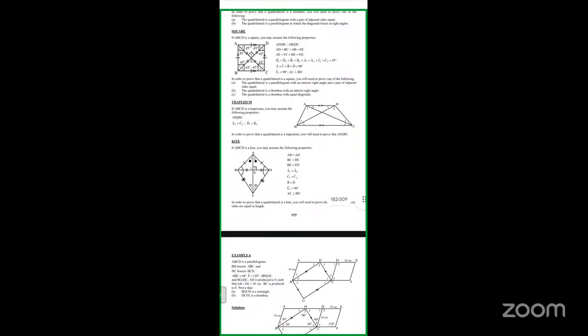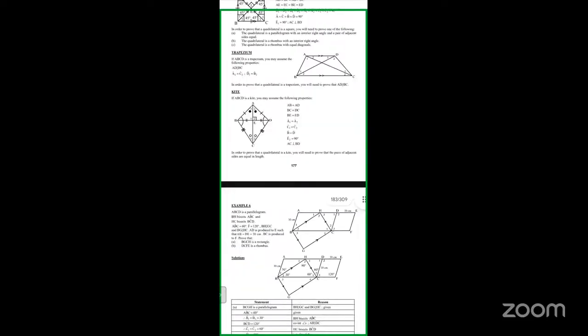Therefore, BE will be equal to ED. Then at the intersection of those diagonals, we have those angles C1 and C2, they are equal, and A1 and A2 are equal. And the opposite angles, those at the horizontal diagonal BD, are equal as well. That's all you need for the exercises.